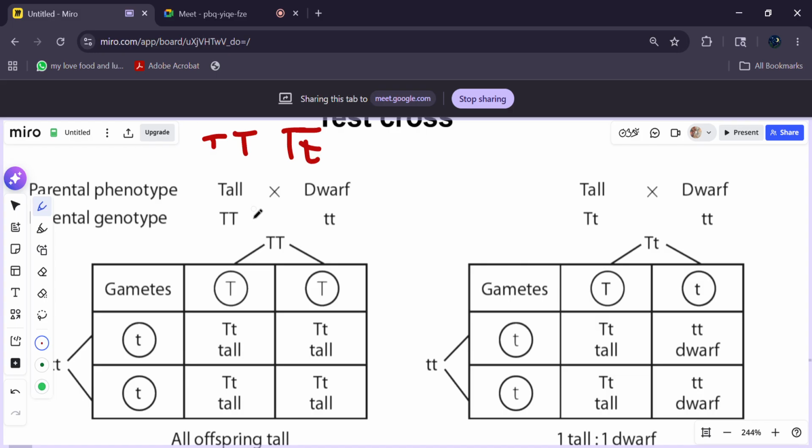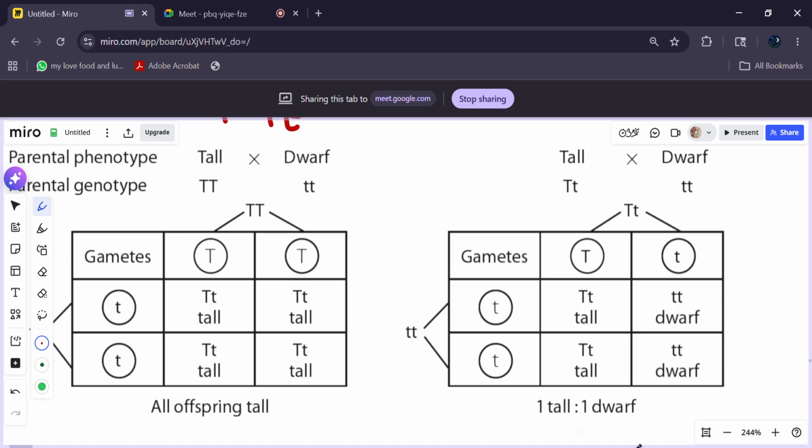All the kids produced will be tall. Whereas if the tall plant is heterozygous, there will be a chance that a dwarf child will appear.